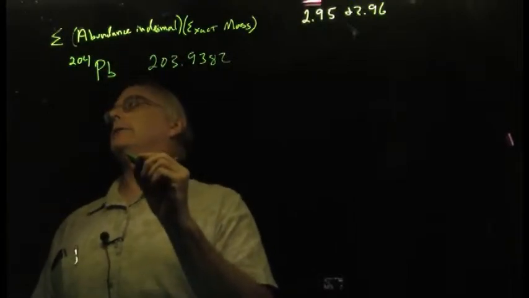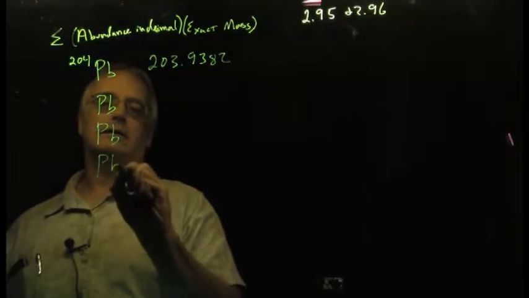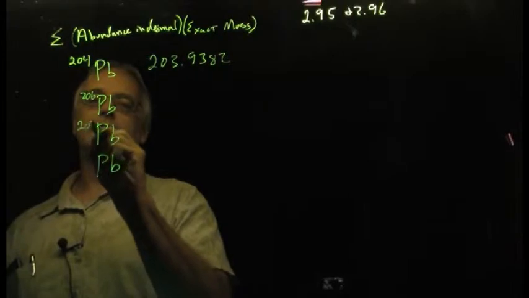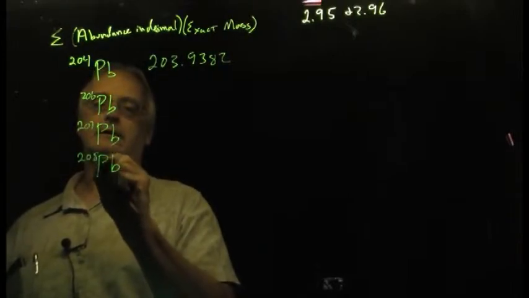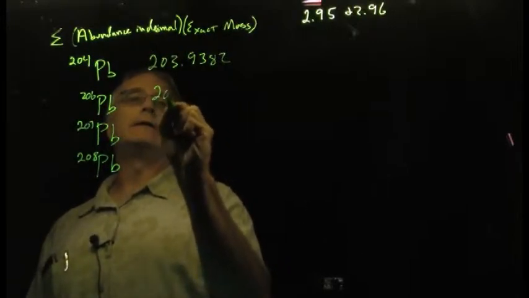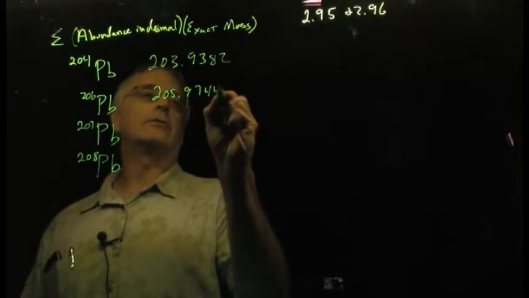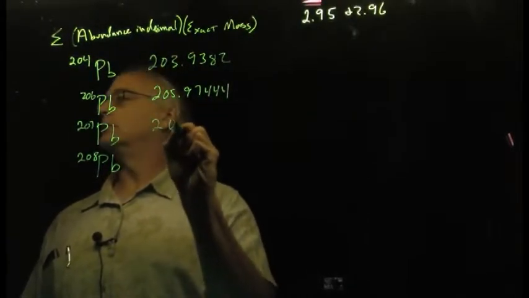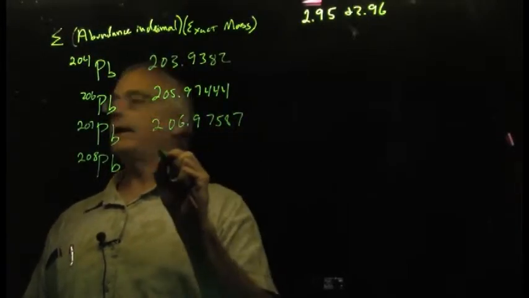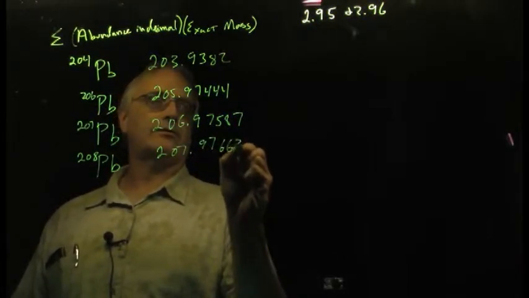The other 3 isotopes they give us are lead 206, 207, and 208, with the exact masses of 205.97444, 206.97587, and 207.97663.